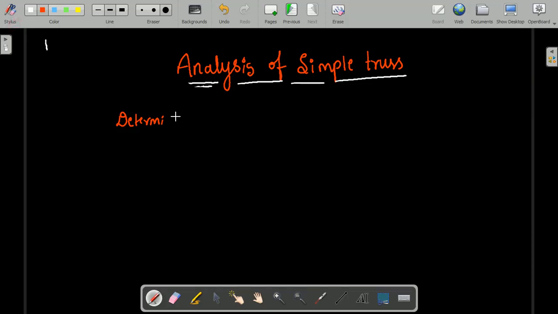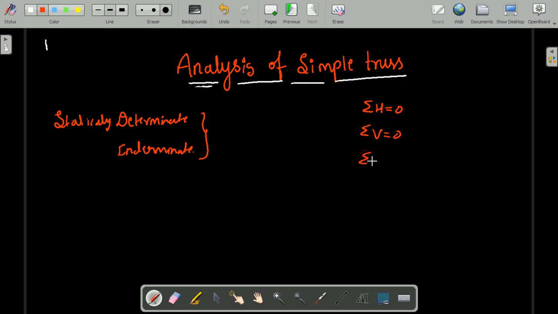Before starting with the analysis, we have determinate structures and indeterminate structures. Statically determinate or statically indeterminate means, we have three equilibrium conditions: summation of horizontal force is equal to 0, summation of vertical force is equal to 0, summation of moment is equal to 0.